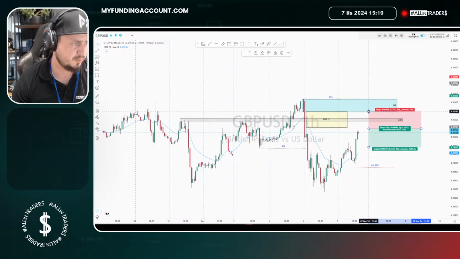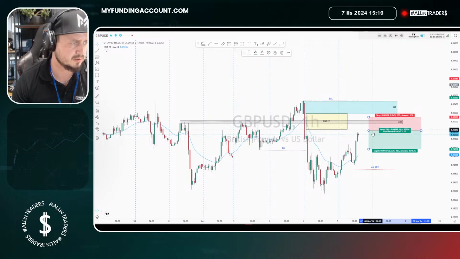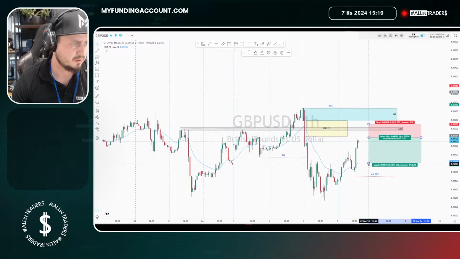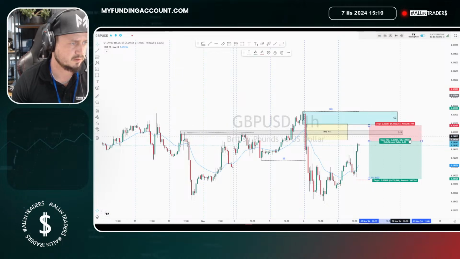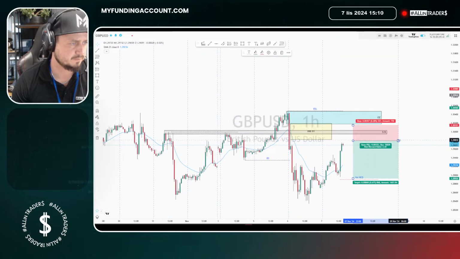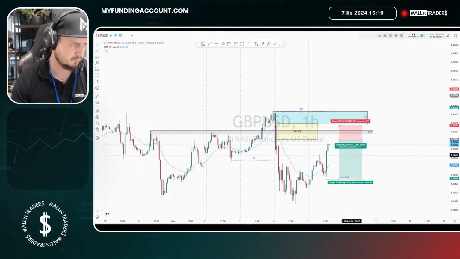Stop loss doesn't have to be big. It can be a few pips around the support resistance zone. But if we have space, why not?